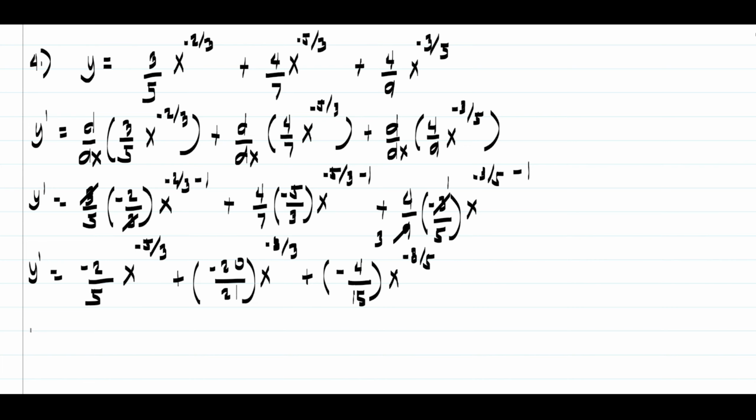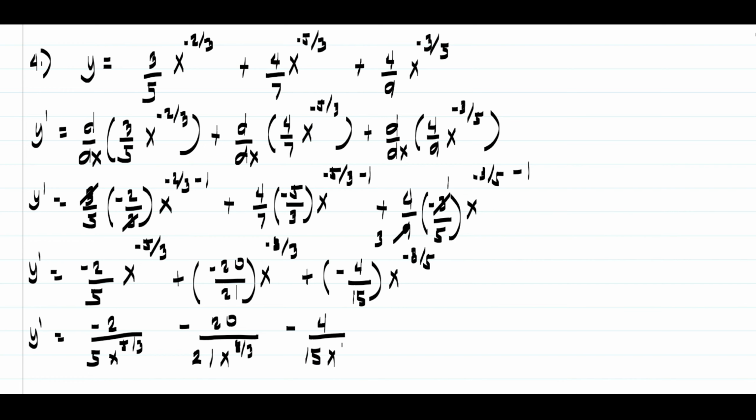So we have y prime equals negative 2 over 5, x raised to 5 over 3. Positive times negative is negative 20 over 21. X raised to 8 over 3. And then positive times negative is negative 4 over 15. X raised to 8 over 5.